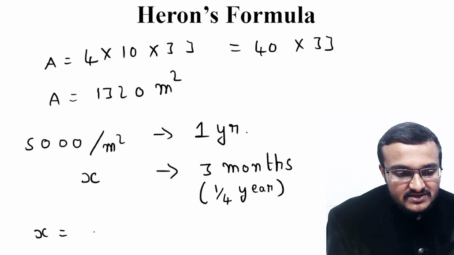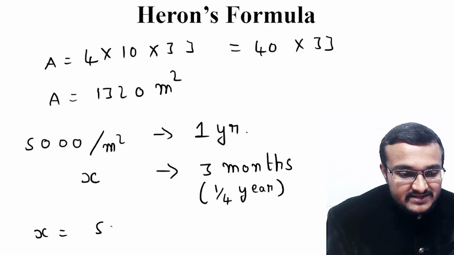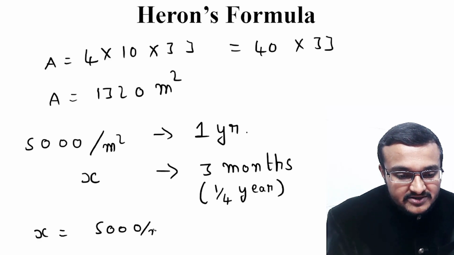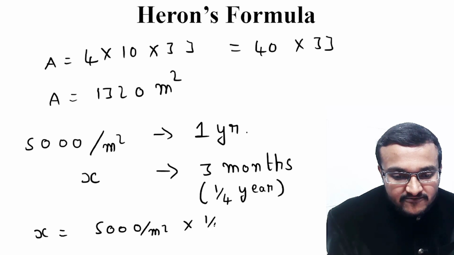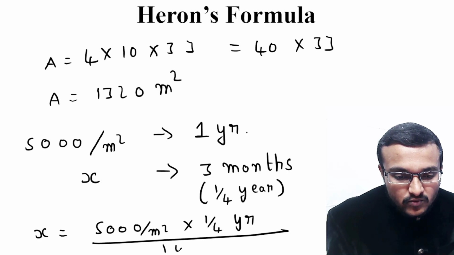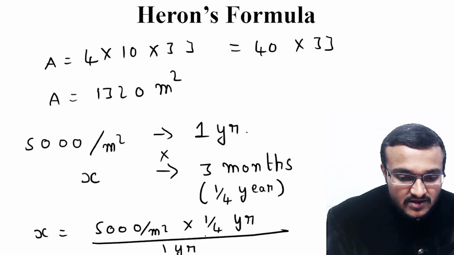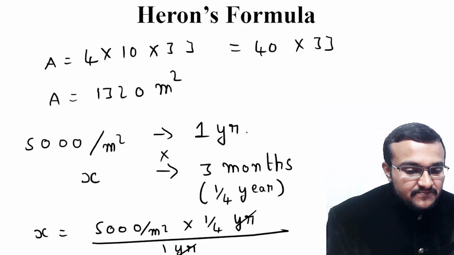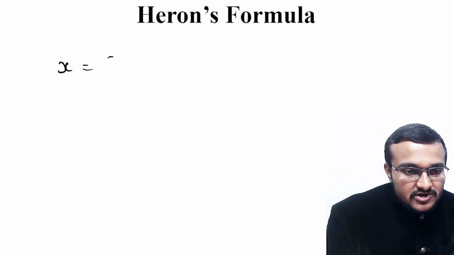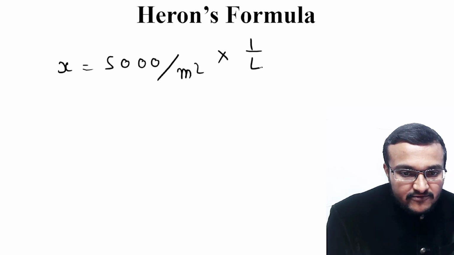So x will be equal to 5000 per meter square into 1/4 of a year divided by 1 year. So we are doing cross multiplication. So here year and year get cancelled with each other. So we'll have x is equal to 5000 rupees per meter square into 1/4.